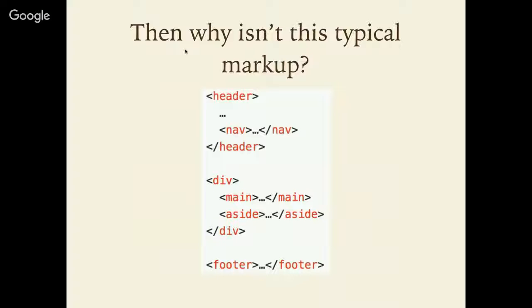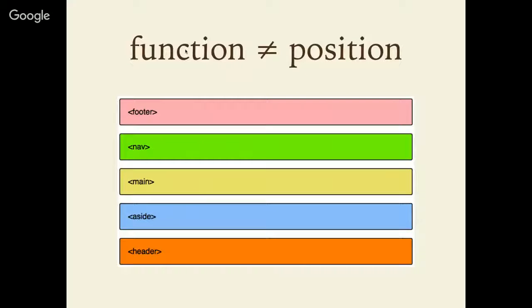And it's also worth noting that function doesn't equal position. And yes, I totally stole this from Steve, but he's probably fine with it, I hope. Or he'll ping me on Skype any moment. So the current slide shows the same elements from two slides back: a footer, a nav, a main, an aside, and a header.